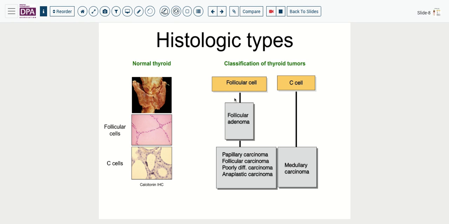Within the follicular cell-derived carcinomas are papillary carcinoma and follicular carcinoma, the well-differentiated or differentiated types of thyroid carcinoma, and then poorly differentiated carcinoma and anaplastic carcinoma, which are really variants of this, or progression molecularly wise of these differentiated types. And of course, these correspond to the normal structures that we see in the thyroid, the follicle lining cells and the occasional C cells in between.